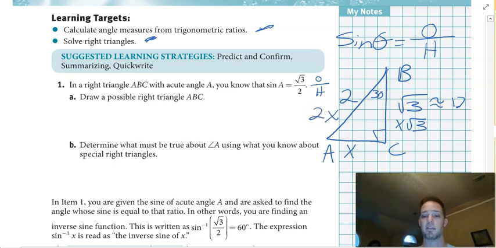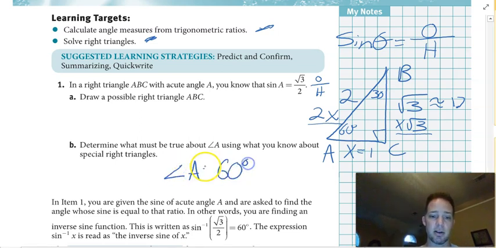So that means if this is a 1, this would be 1 times square root of 3 for this side, and this would be 2 times 1, or 2 for this side. So this has to be a 60-degree angle based on those ratios and what we've already learned from special right triangles. So angle A has to be a 60-degree angle.